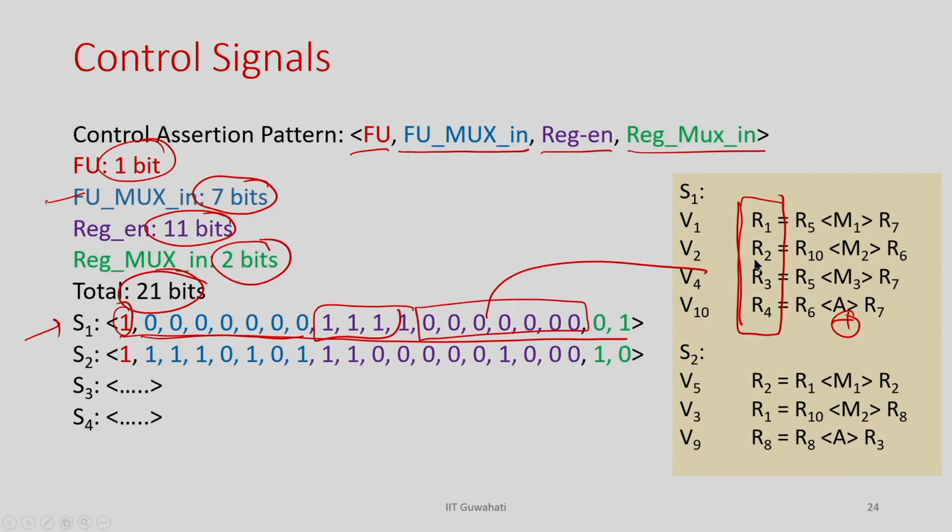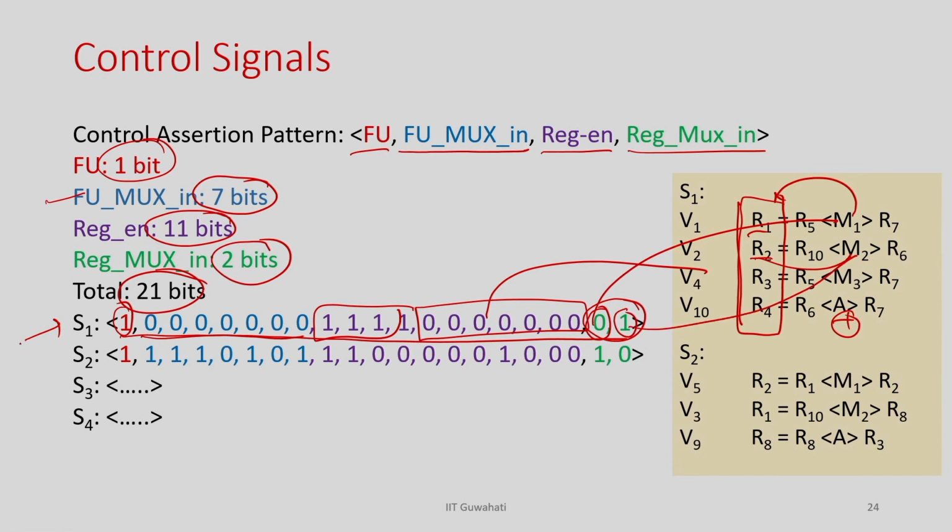So, that means in this clock only R1, R2, R3, R4 will be updated and nothing else. This is for the mux input of the FUs, and you can see here R1 is taking from M1 and R2 is taking from M2. So, that is why I am giving 0, 1. 0 means it will take from M1, 1 means it will take from M2.